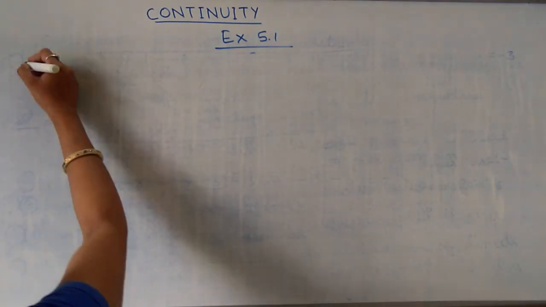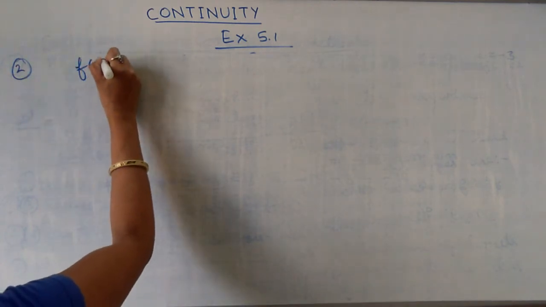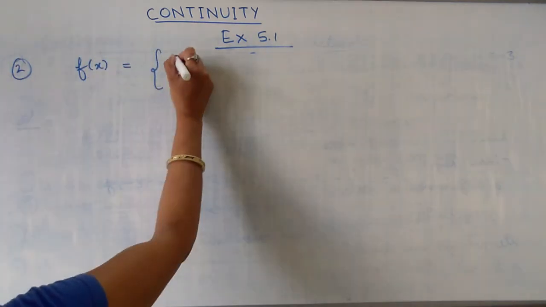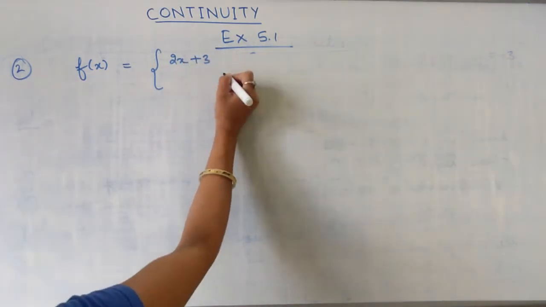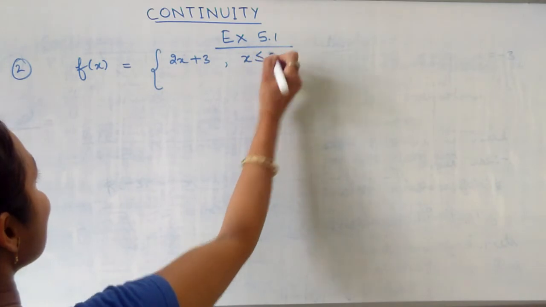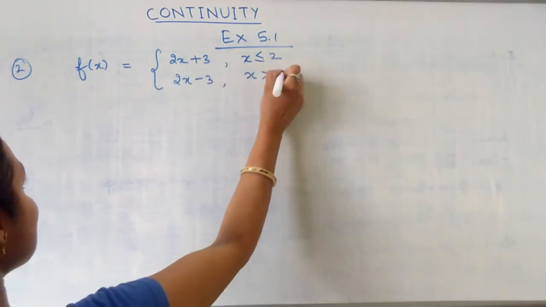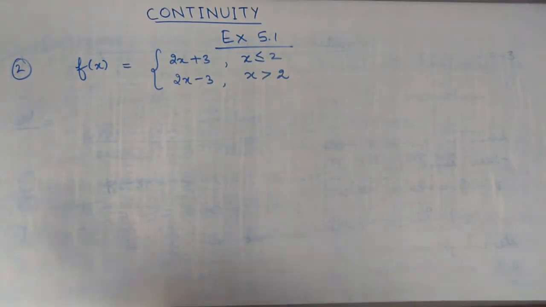This is the sixth question of your NCERT, that is f of x equals, there are two functions, 2x plus 3 when x is less than or equal to 2, and the second function is 2x minus 3 when x is greater than 2. It is given to you, and find all the points of discontinuity.